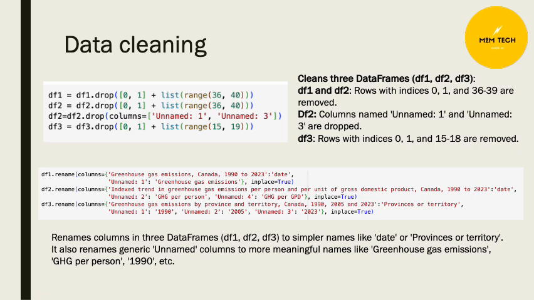In data frame 3, I removed rows 0, 1, and 15 to 18 to keep only the useful regional data. Then I renamed columns in all three datasets to make them easier to work with. For example, I used simple names like date, provinces, and renamed unnamed columns to more meaningful labels.